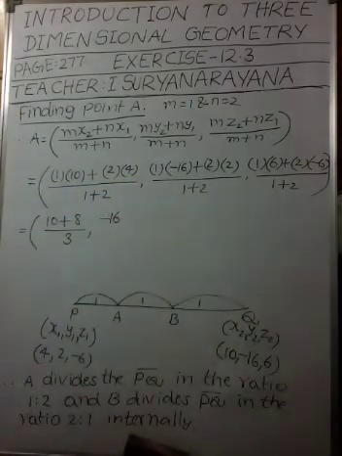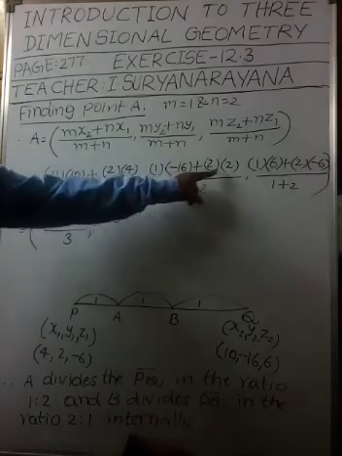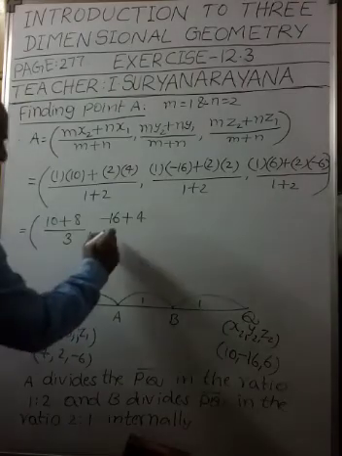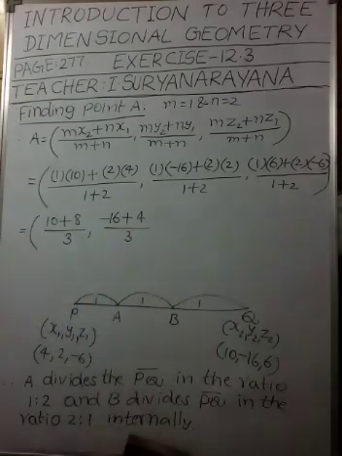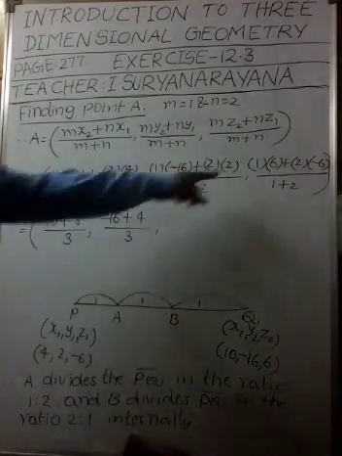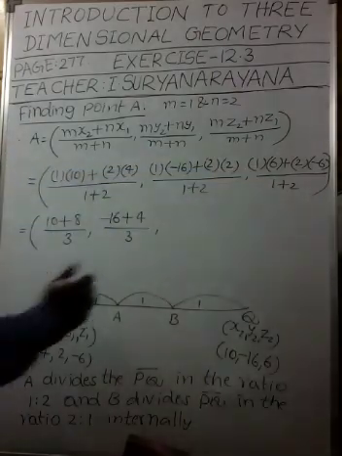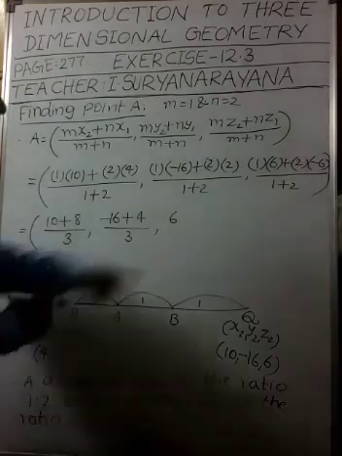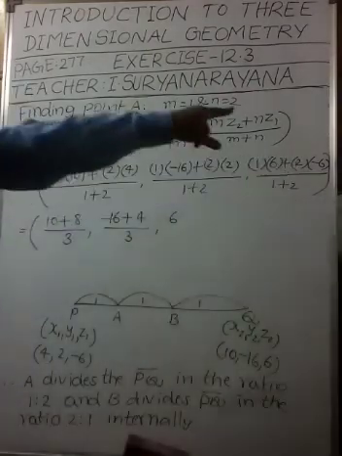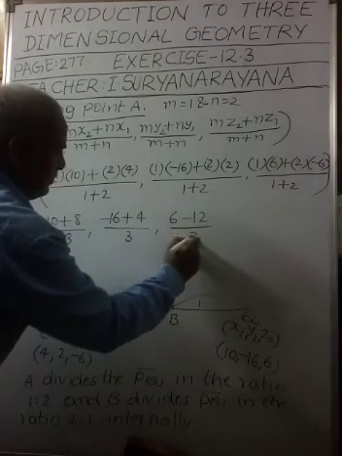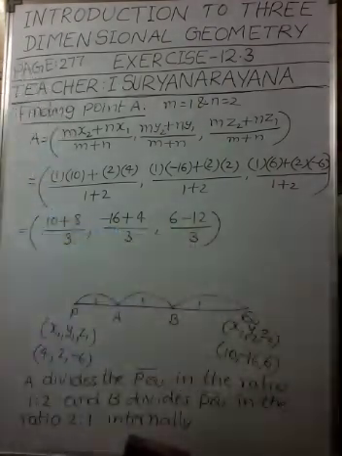Minus 16 plus 2 into 2. What will you get? 2 2s are 4. So plus 4 by denominator 3, 1 plus 2. Understood? Y coordinate, my children. Right. Now come to z coordinate. Come to the numerator, 1 into 6. That is the first term. We get 6 plus, what is the second term? 2 into minus 6. What will you get? Minus 12. So minus 12 by 3. Understood this z coordinate, my children?